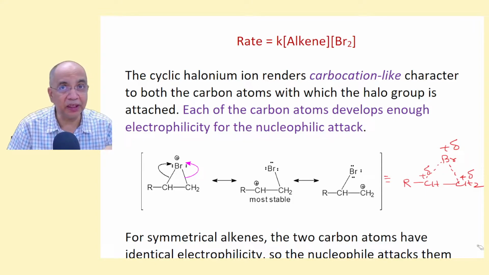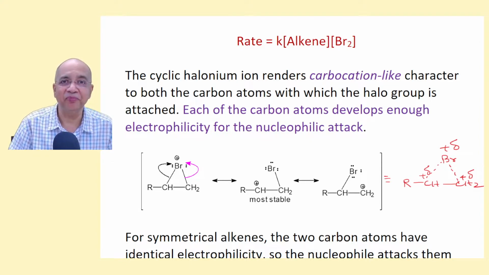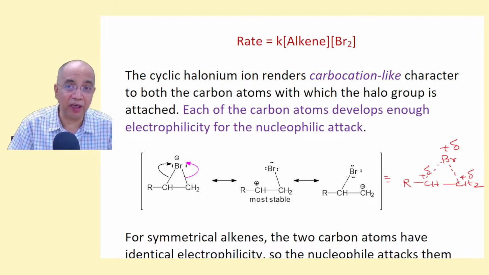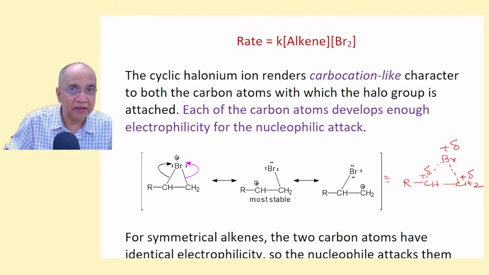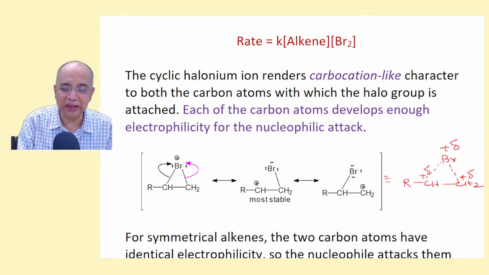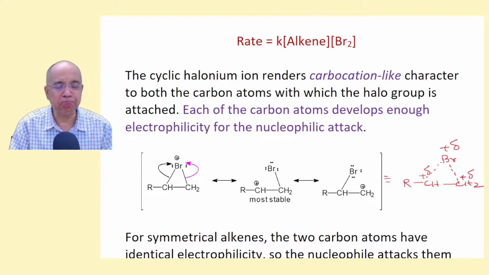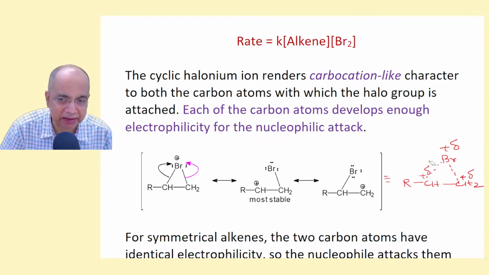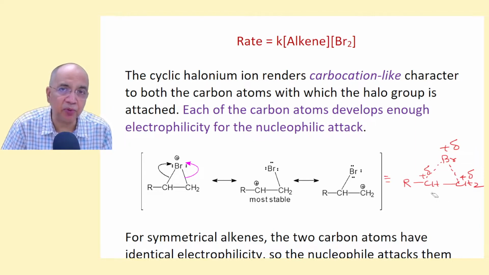But if it is something else, which we shall discuss, then there will be a problem, because the nucleophile will have a greater possibility to attack this. Of course, if it is simply bromide ion, then also it will have a greater possibility of attacking here.